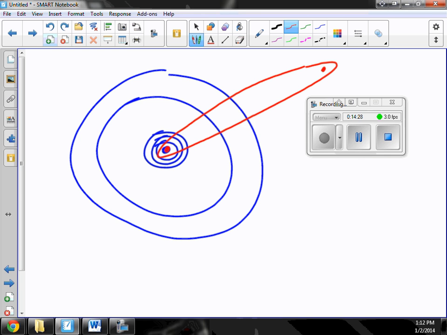And let's say that you keep the strings the same length. What happens as you move those pins closer and closer together? It's more circular. Well, what happens when the two pins are in the same place? Then it becomes a circle. And what happens as you move the pins further apart?